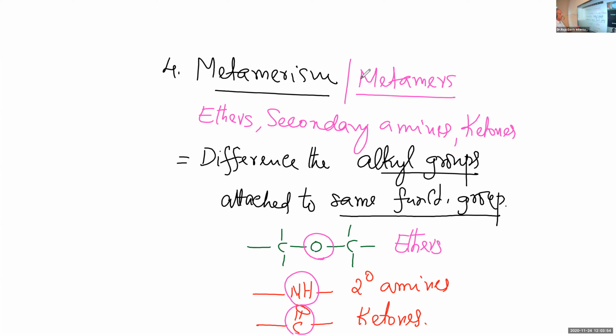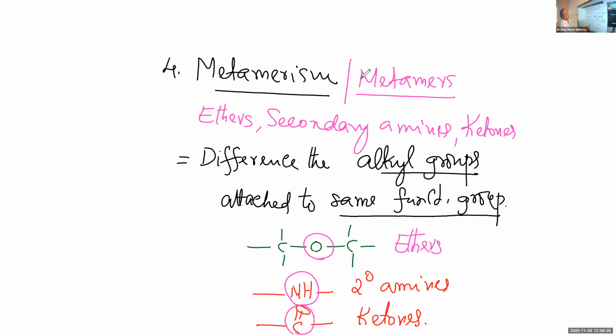In these three types of compounds, the alkyl groups attached to both sides of the same functional group will be different. That is metamerism. So metamers have the same molecular formula, same functional group, but the alkyl groups attached to the functional group will be different. And it is seen in ethers, secondary amines, and ketones.